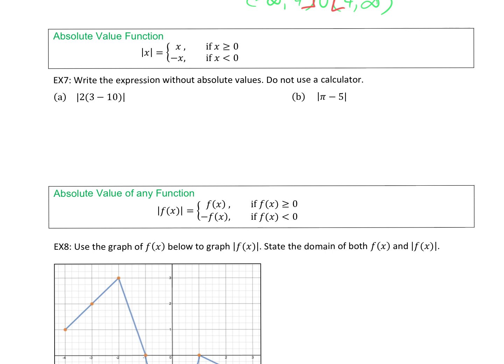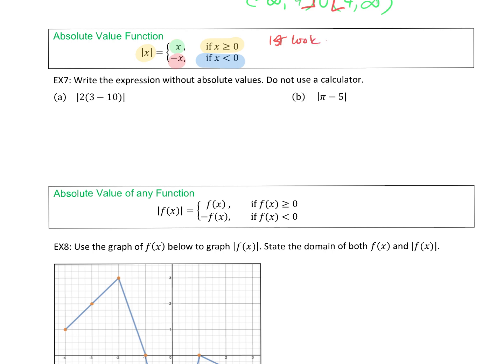So again, the absolute value function, there's two cases. If what's on the inside is a positive, it's just going to be x. We're not going to change it. But if what's on the inside is less than 0, we have to first take the opposite of it when we take it out of the absolute value signs. So again, this is if we're trying to get rid of the absolute value sign. First, we're going to look at what's inside.